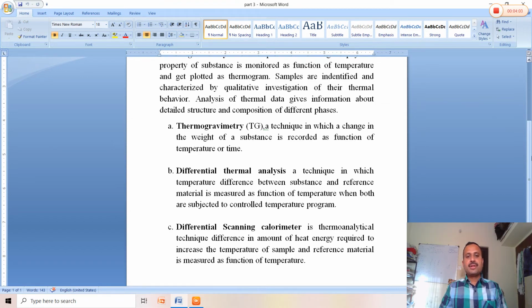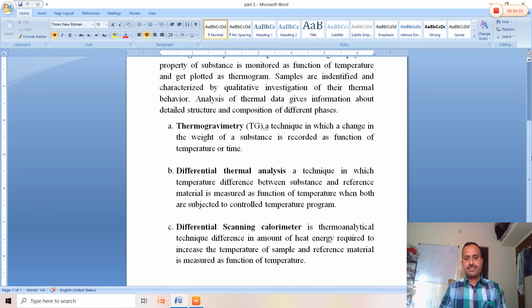Now the next one is differential scanning calorimetry. Differential scanning calorimetry is a thermoanalytical technique where the difference in amount of heat required to increase the temperature of the sample and reference material is measured as a function of temperature. So in differential scanning calorimetry, the study of heat is done, and the heat for the reference material and the substance or standard material is plotted with temperature or time.